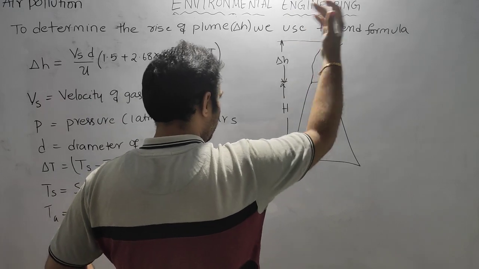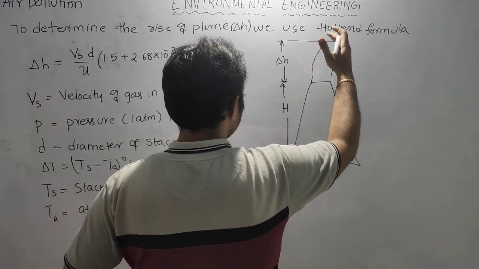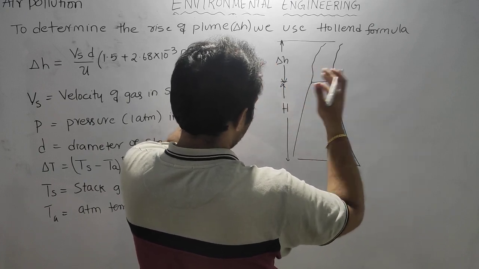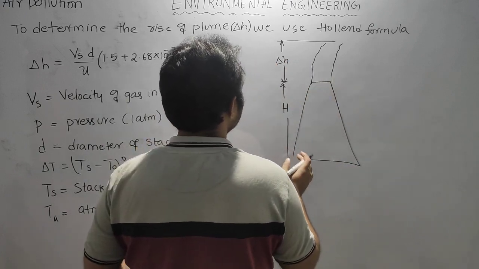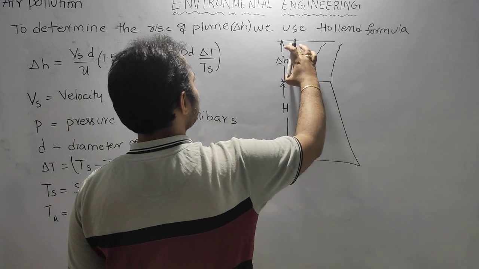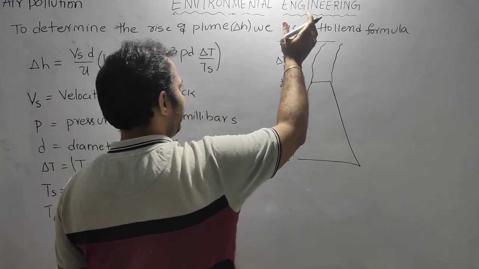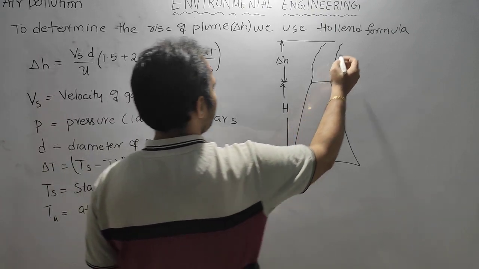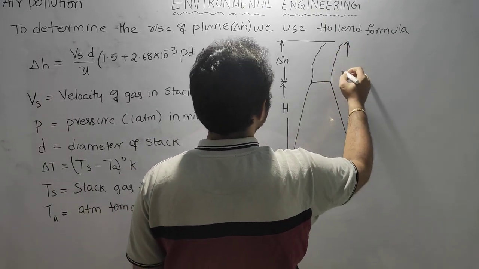Whether the plume is fumigating, coning, or fanning, whatever it may be, the vertical movement of the plume up to that point is called the rise. We consider this as the physical height of the stack.